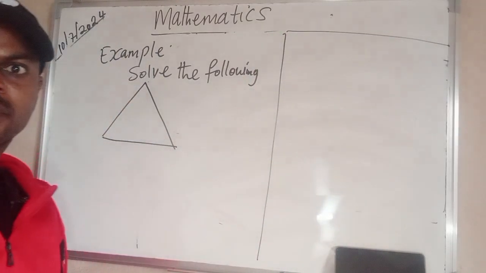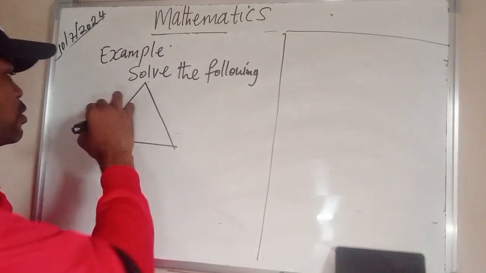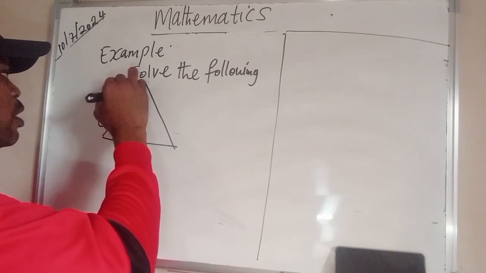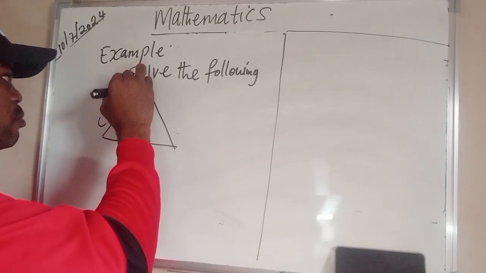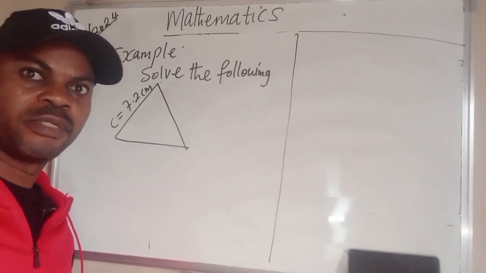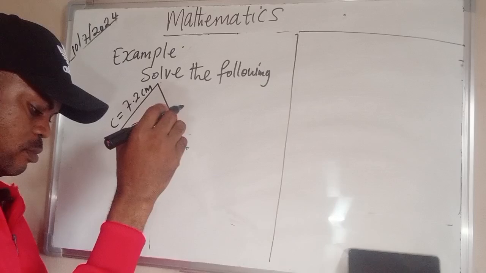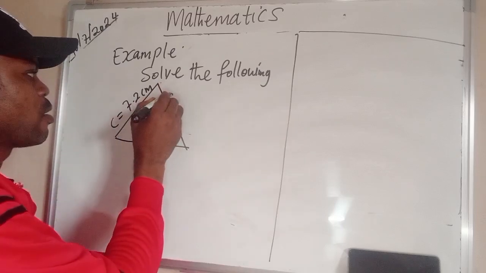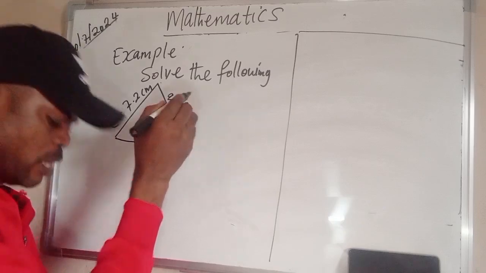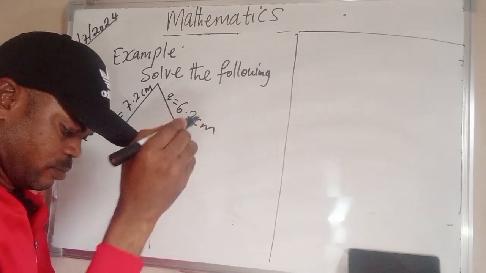In this very question, I was given C is equal to 7.2 centimeter. Then this side, they call it A, was giving us 6.8 centimeter.